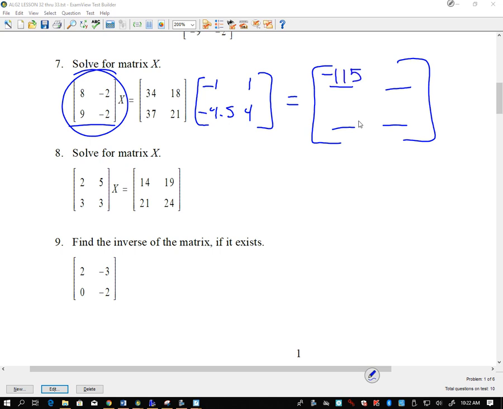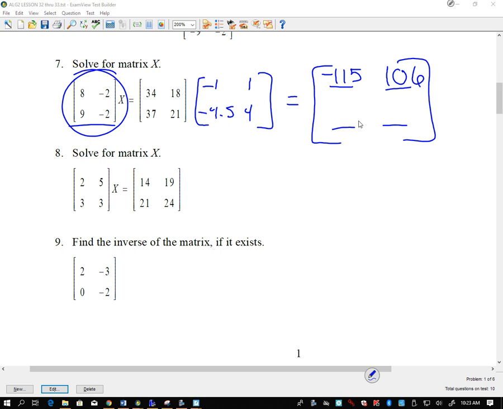All right. My upper right is first row, second column. So that's 34 times 1 plus 18 times 4. Okay, I get 106. Okay, bottom left is, or sorry, second row, first column.